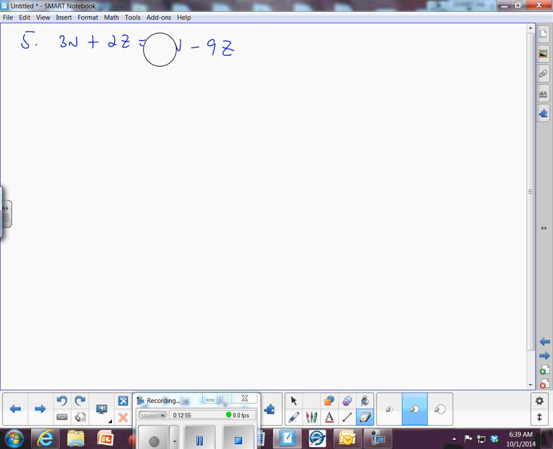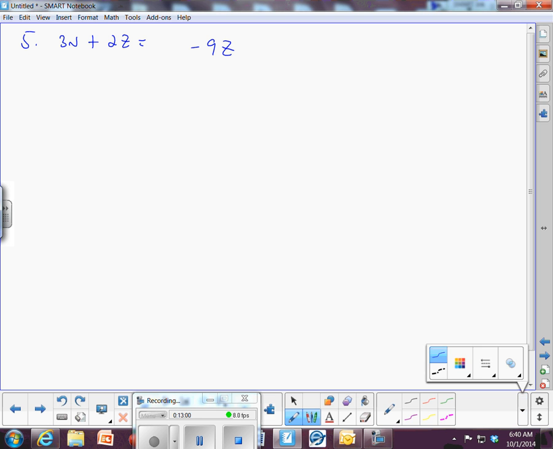I just want to be clear here, so I'm going to draw that a little bit more clearly. An minus 9z. All right, we have two different variables, and the first time, let's go ahead and solve for z. Solve for z.